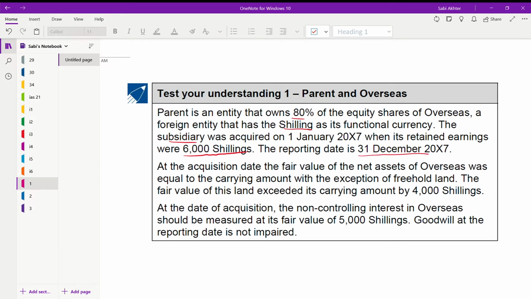Reporting date is 31st December 2007. Fair value of the net assets was equal to the carrying amount, with the exception of the freehold land. The fair value of this land exceeded its carrying amount by 4,000 shillings. At the date of acquisition, NCI is 5,000 shillings. Goodwill is not impaired.